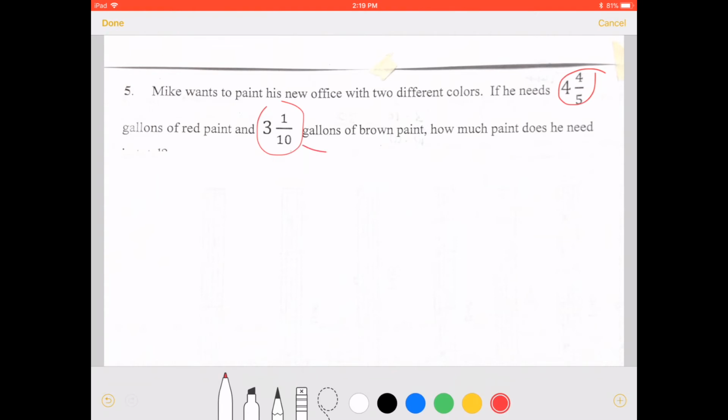Well, he's going to need all of this and all of this, so you're going to add them together. Now, you could find the least common denominator, but in this case it might be easier to change both of these mixed numbers into decimals.